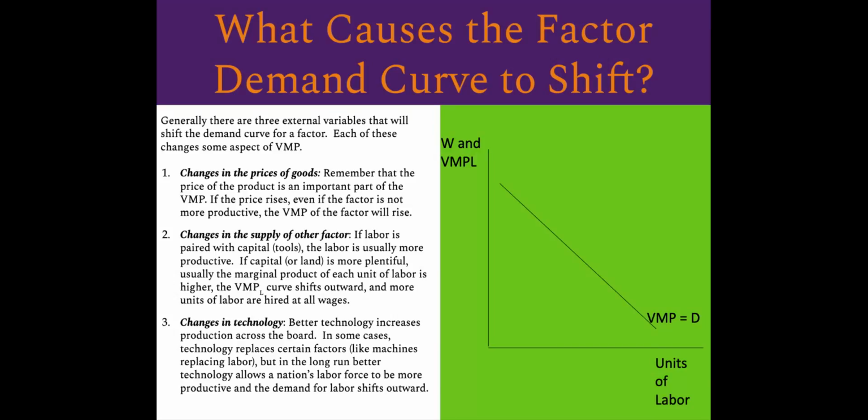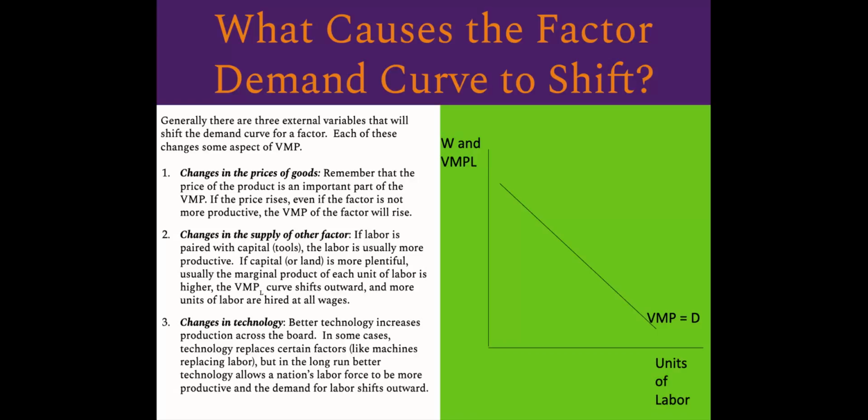Second, changes in supplies of other factors. If there's something that you usually pair with labor, like if you're talking about bushels of wheat, you're talking about farming. So maybe you have more land to do the farming, maybe you have more machines to do the farming, then that means the worker can be more productive. If the worker is more productive, that's going to shift the demand curve to the right.